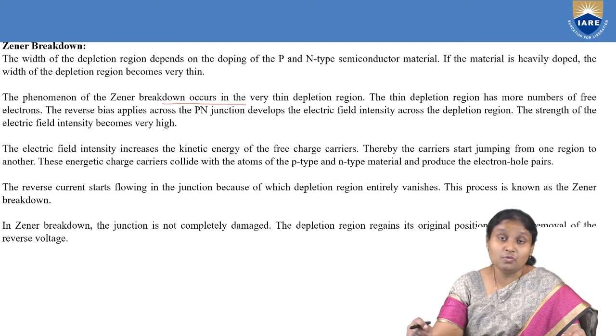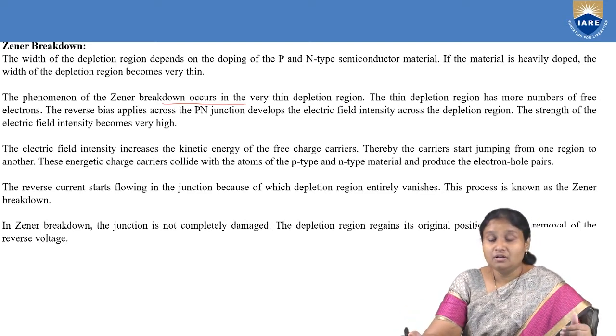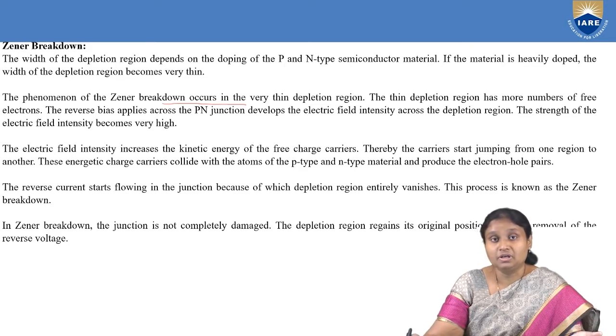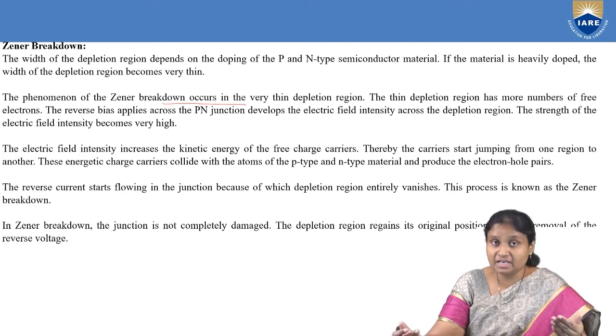Why? Because we have given lots of holes to p-type and lots of electrons to n-type, by adding a large amount of trivalent impurities to p-type and a large amount of pentavalent impurities to n-type.